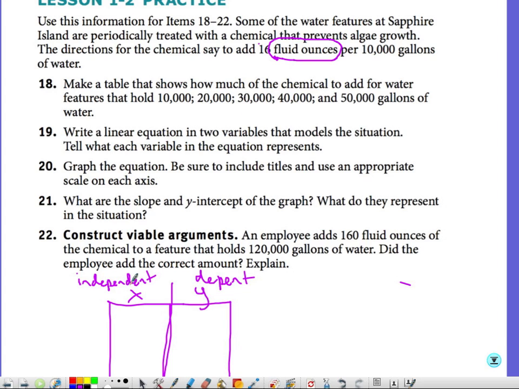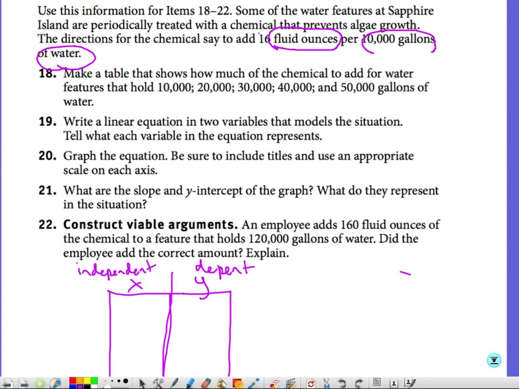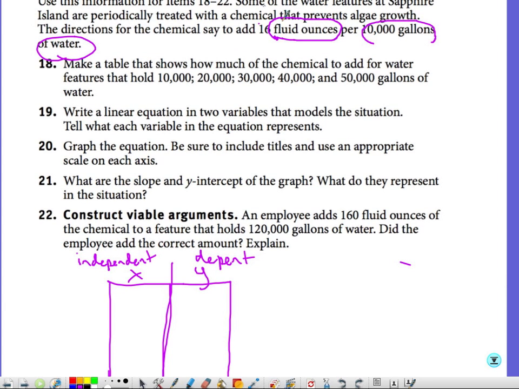So is that going to be the independent or dependent? And the other variable is going to be the 10,000 gallons of water. So you have to think carefully here. Which one is the independent or dependent? Does the fluid ounces depend on how many 10,000 gallons of water you have, or does the 10,000 gallons of water you have depend on the fluid ounces?